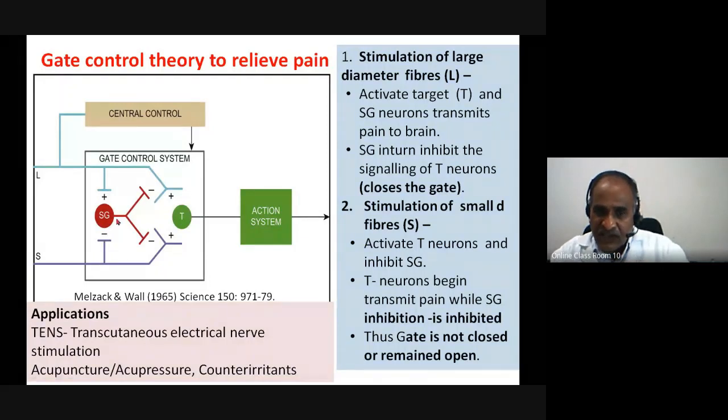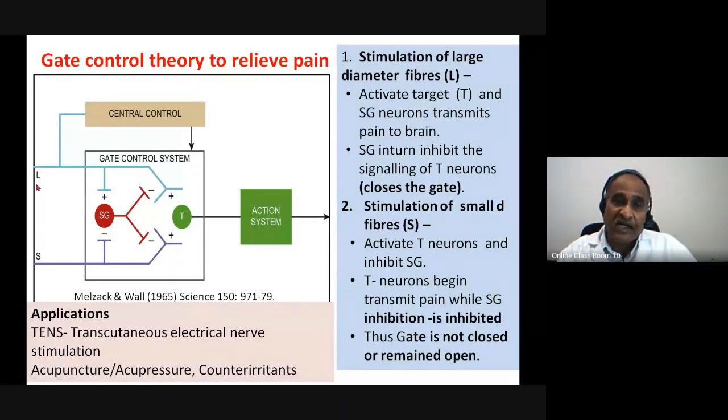And what these substantia gelatinosa cells do is inhibit the transmission of this impulse. So inhibition of inhibition, minus, minus, means there is no inhibition, a withdrawal of inhibition. So that means the gate is kept open. And the large diameter fibers, maybe these A beta fibers, are not for the pain.